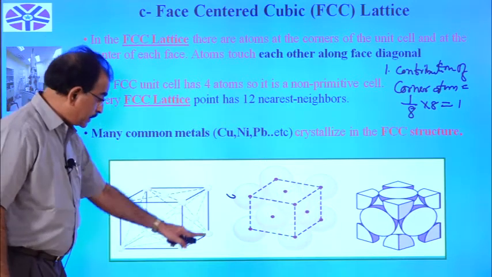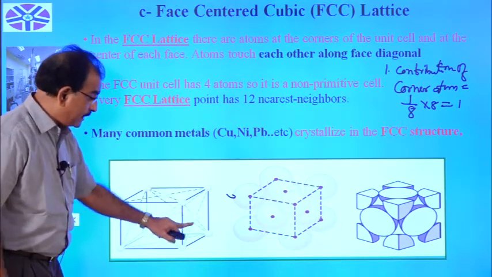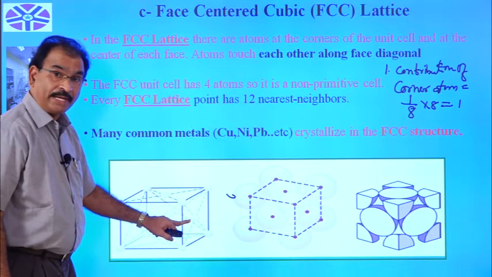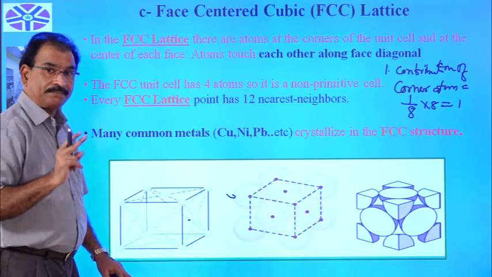Now, in addition to corner atoms, there are face center atoms. Every face center atom is shared by only 2 unit cells.